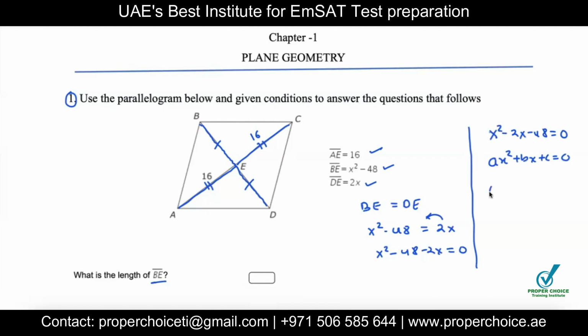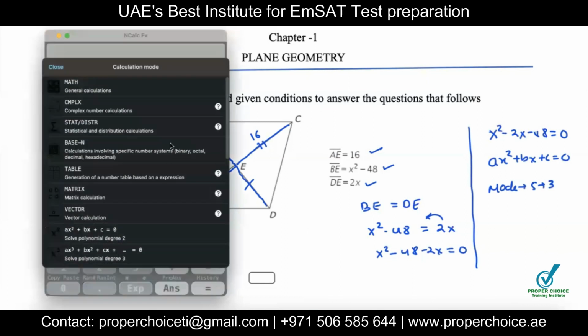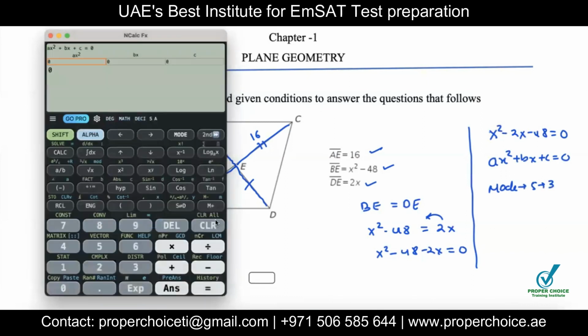Take the help of a calculator. You can use mode 5, 3, put in the coefficients and solve accordingly. So let's take the help of the calculator here. Mode, the type of expression is quadratic. Put in the coefficients: the number with x square is 1, then negative 2, then negative 48.